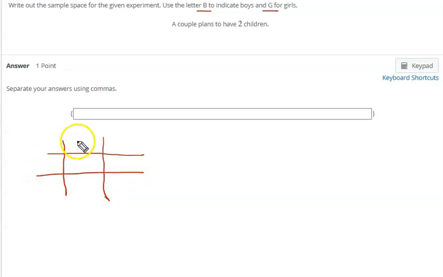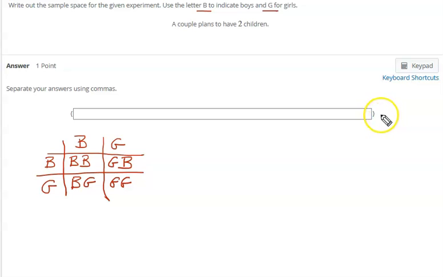So each time there's a boy or a girl, you can have BB, GB, BG, GG. This would be our possible sample space for two children, and you're going to type it in.